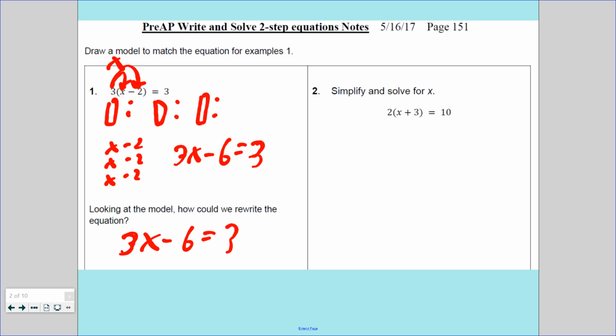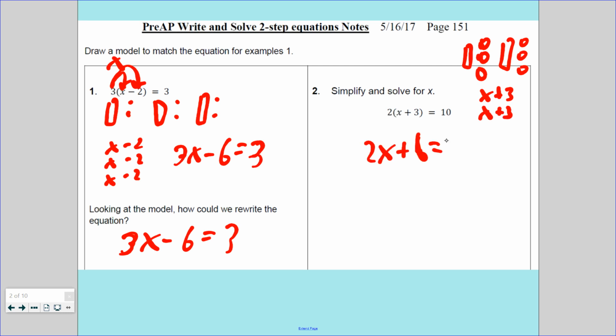All right, now in this one, they want you to simplify and solve for x. What is 2 groups of x plus 3? Or you could do it this way. It is 2x plus 6 equals 10. So I need to isolate x. I'm solving for x.